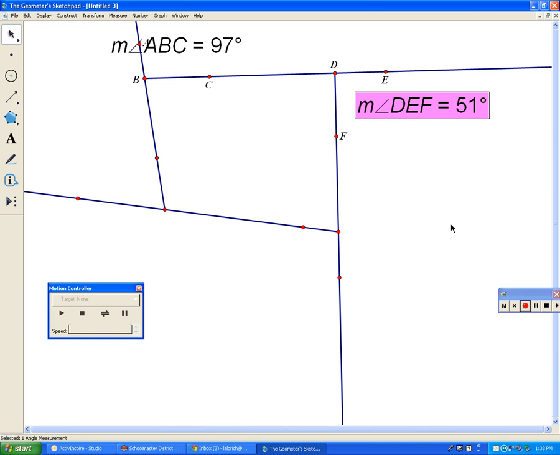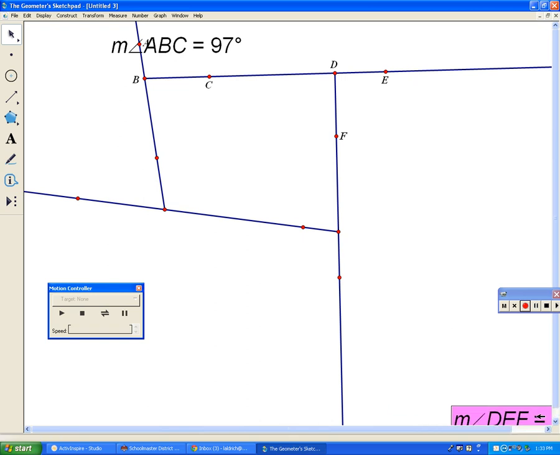That does not seem like 51, does it? Oh, I went the wrong order. At least I caught my mistake. There we go. Okay, that one is 90.